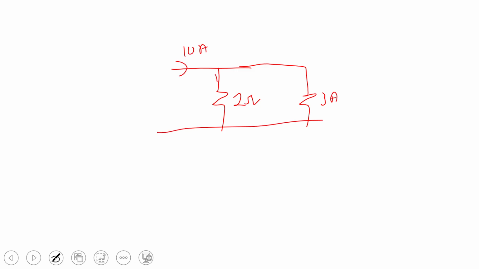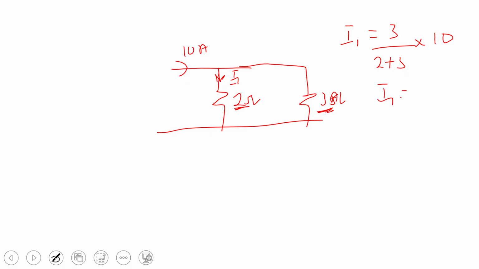And I want to know how much will come to this 2 ohm. Visually, you'll not be able to tell, but the simple proof we did shows that if I want to know, let me call that I1, the current passing through the 2, I have to use the other resistor, which is 3, over the sum of the two resistors, 2 and 3, times the total current.